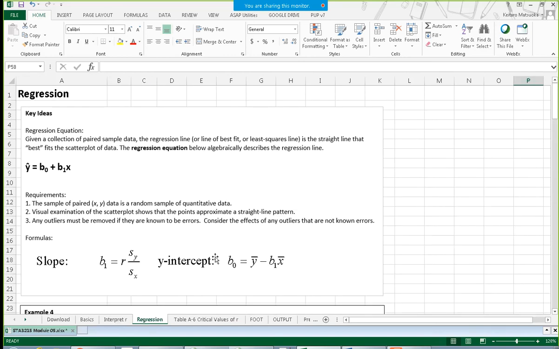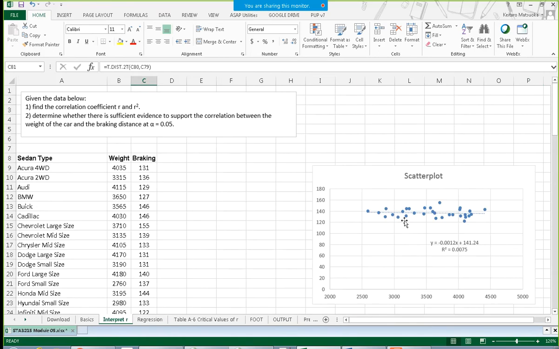Okay, so what is that? It's the equation for this best fit line. Okay, so if you remember from algebra, if you have a straight line, you can extract an equation that gets to that straight line, or if you have the equation here, you can produce the line here. So we can go back and forth.